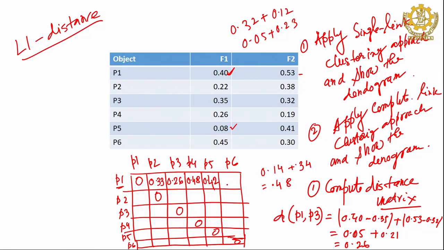So, this will be 0.28. So, obviously, this will be 0.33, 0.26, 0.48, 0.42, 0.28.